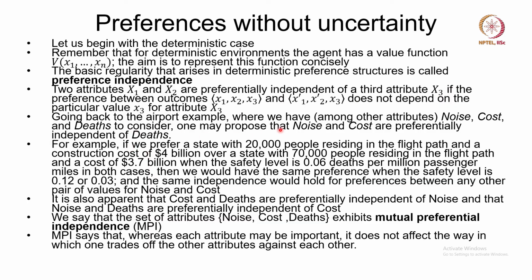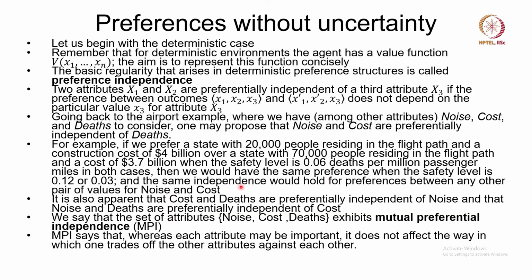So for example, if you take noise, cost and deaths, then you can say noise and cost are preferentially independent of deaths. So suppose we prefer a state with 20,000 people residing in the flight path and a construction cost of 4 billion over a state with 70,000 people residing and a cost of 3.7 billion when the safety level is 0.06 deaths per million passenger miles in both cases.